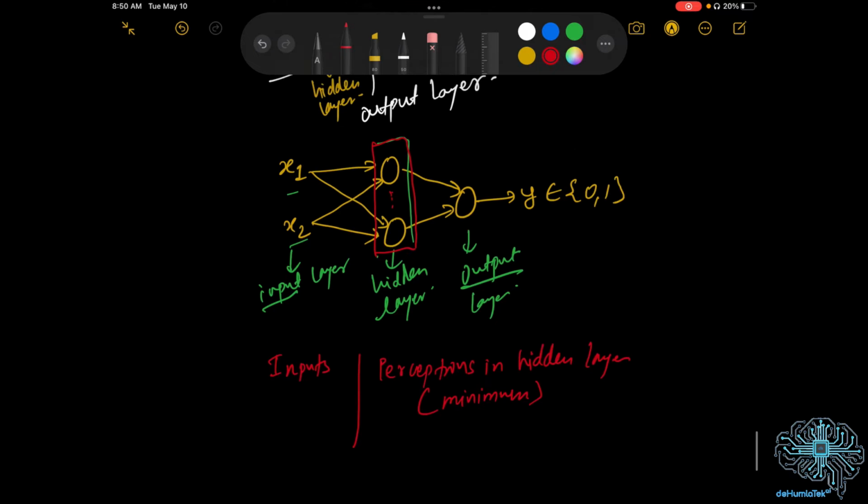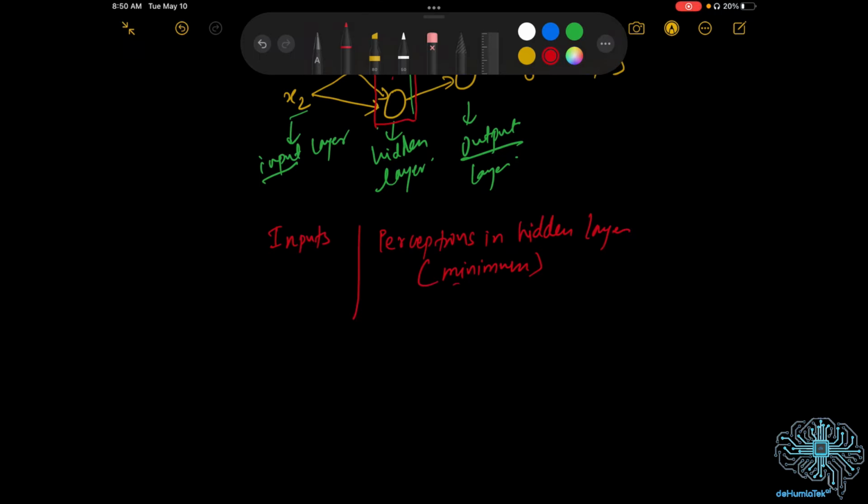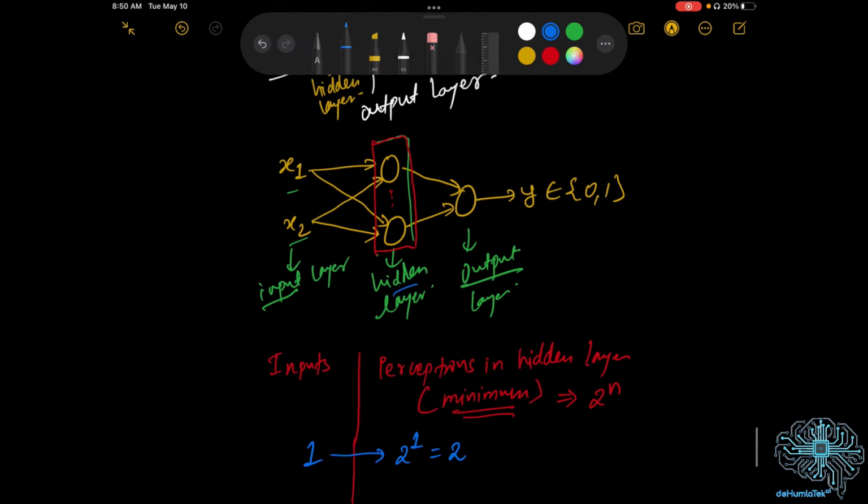The more perceptrons, the easier it is to learn the function. But the minimum we need is 2 to the power n. For a single input, this is 2 to the power 1, so 2 perceptrons in the hidden layer.